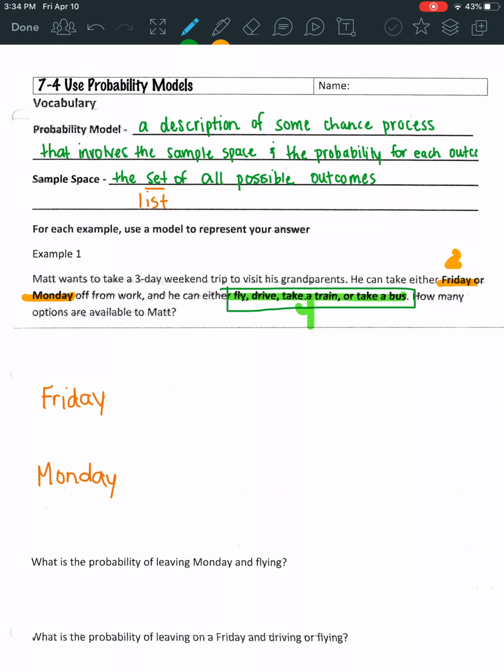So let's say Matt chooses he wants to take Friday off work to take that 3-day weekend trip. After he chooses Friday, he has 4 different options that he could choose from. He could fly, drive, take a train, or take a bus.